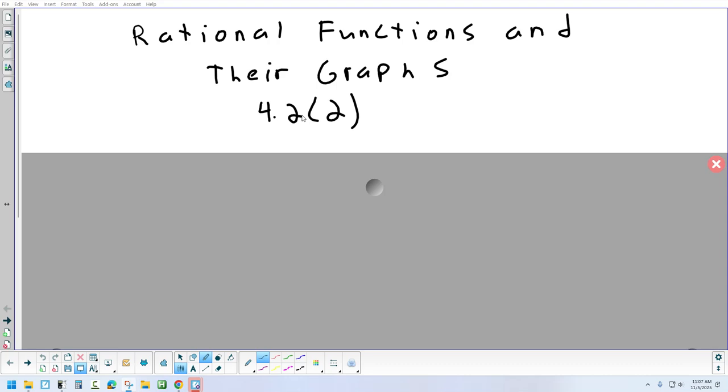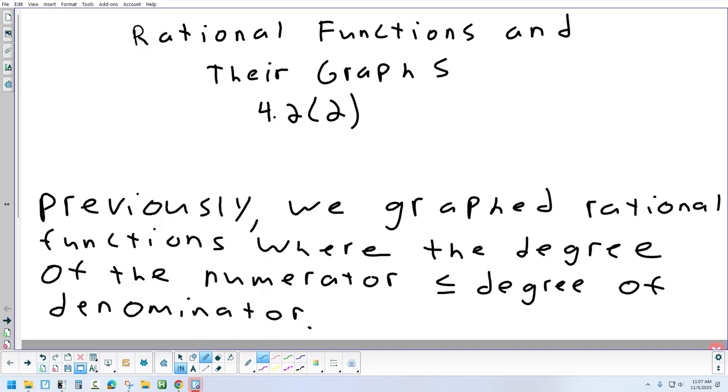All right, so we're going to finish up section 4.2. And as a reminder of what we did yesterday, we did graphing rational functions. The examples we did yesterday always had the degree of the numerator less than the denominator or equal. So we looked at problems like that.